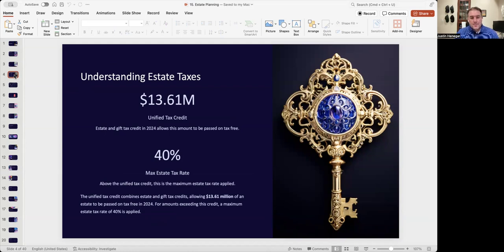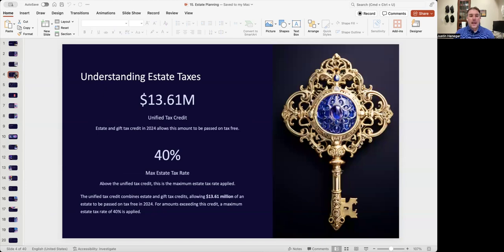All right. Every year there is, and this might get a little complicated, so I'm going to try to keep it very simple, an amount the US government allows you to have in assets that are not going to be counted toward the estate tax. And in 2024, that amount is $13.61 million.